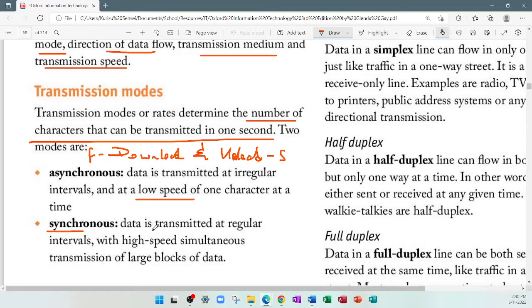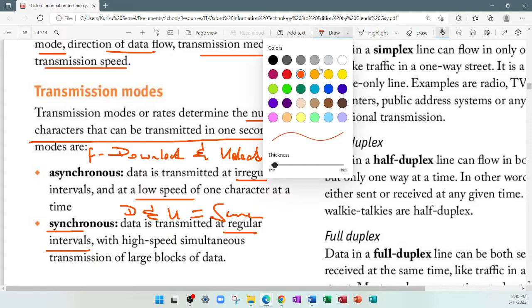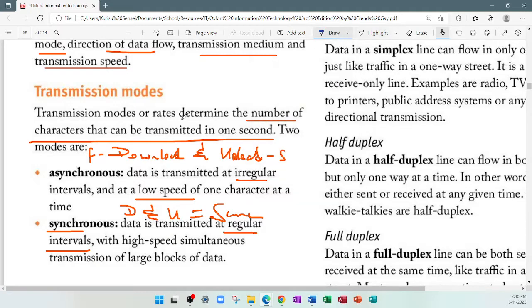So the synchronous method is when the data is sent more regularly. That's why the asynchronous one is called irregular. In synchronous, the download and the upload are the same. So say for instance, going back to asynchronous, you have 10 megabits per second of download, you might barely have 1 megabit per second for upload.